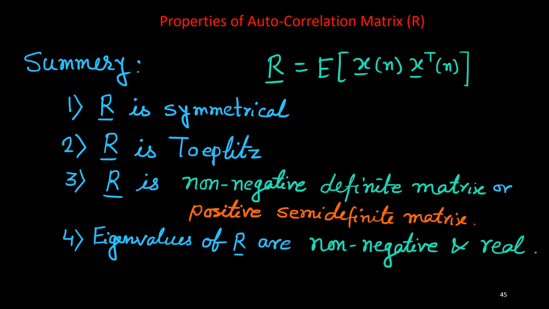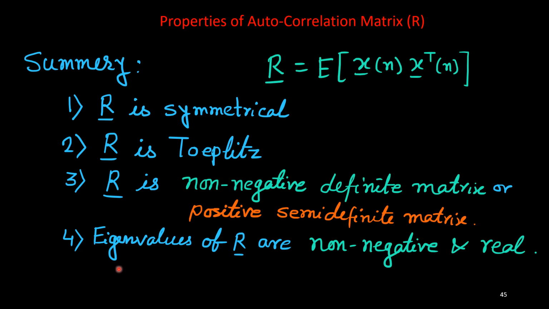Now for this lecture, the summary is like this. This is your orthogonal matrix R, where R is the expected value of x n times x transpose n. For this matrix R, the first property is that R is symmetric. The second property is that R is Hermitian. The third property is that R is a non-negative definite matrix, or positive semi-definite, meaning u transpose R u is always more than or equal to 0.